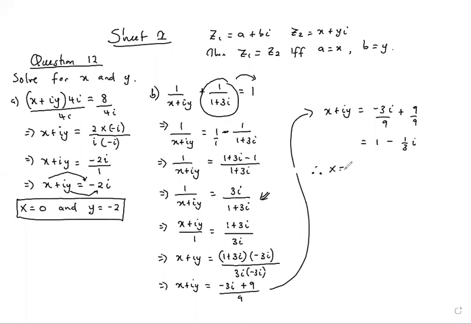Therefore, x is 1, y is negative 1 over 3. The real part equal to real part, imaginary part equal to imaginary part.